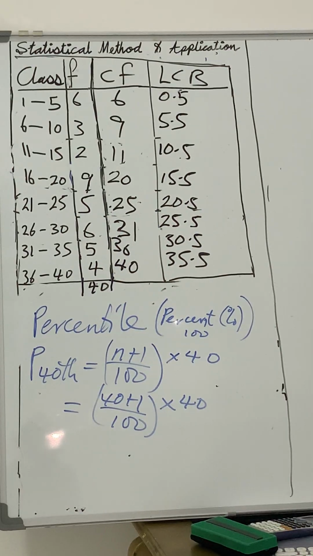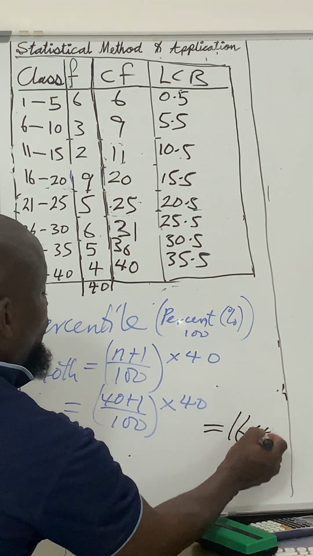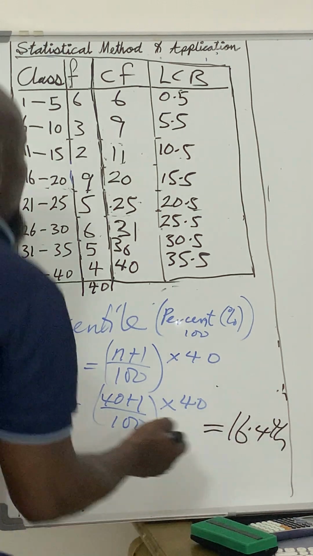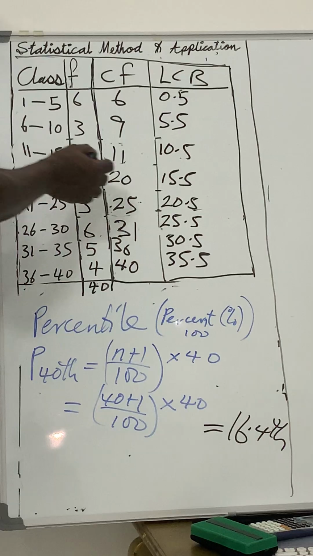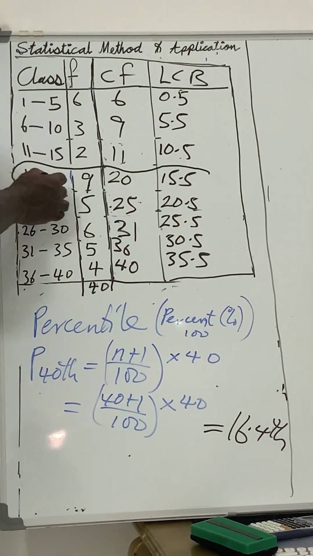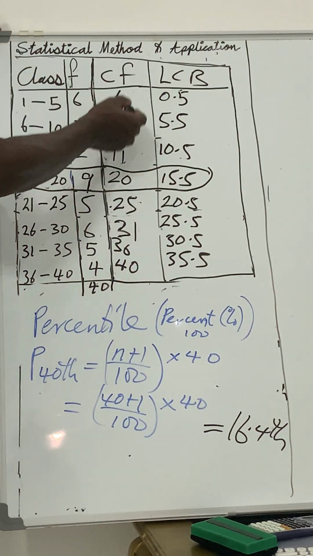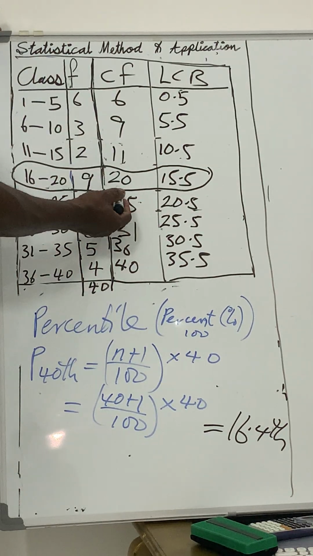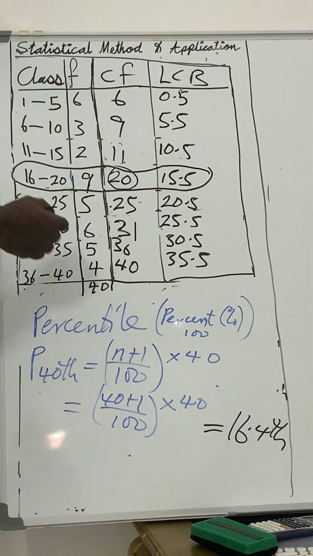When you use your calculator, this will give you 16.4 position. Let's check 16 under our cumulative frequency. It's going to fall under 16 to 20. If you check, 11 is not up to 16, so it will be under 20 here. So that's your 16th position.